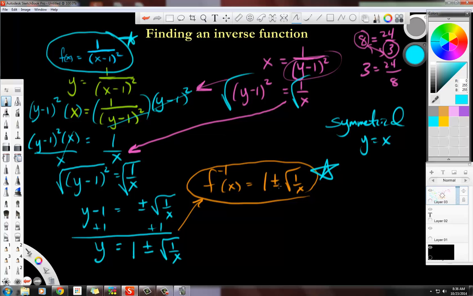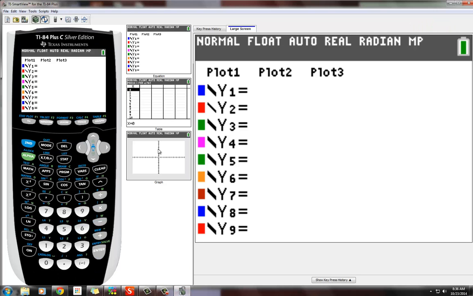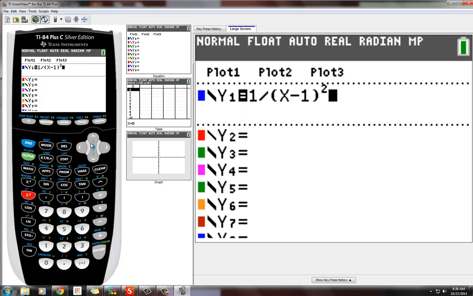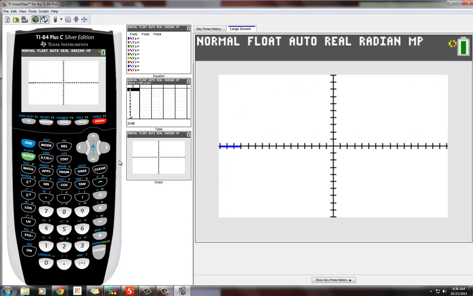And we got a whole lot of plus or minuses and stuff like that, so let's give this a shot. So we're going to graph this. 1 divided by parenthesis x minus 1, and then quantity squared. And let's take a look at what that graph looks like.